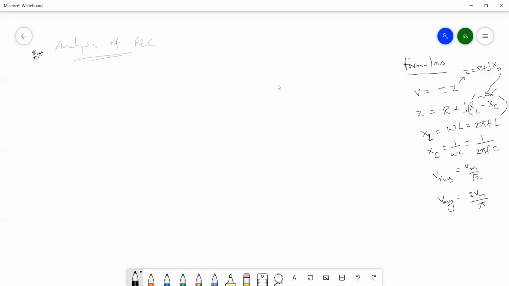If they are asking for I average, then it will be 2 Im by pi. If it is a current, it should be replaced with I. What is the equation of voltage? V is equal to Vm sin omega t. In the case of current, it is Im sin omega t.